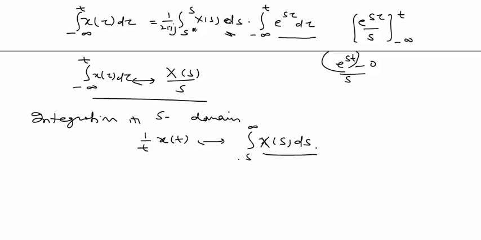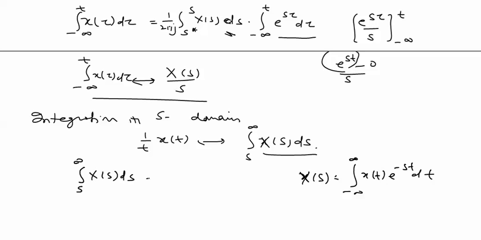Now we are integrating in s domain, so we have to use this formula. X(s) equals the basic Laplace transform formula. Once I integrate from limit s to infinity with respect to ds, this term is constant, there is no s term.